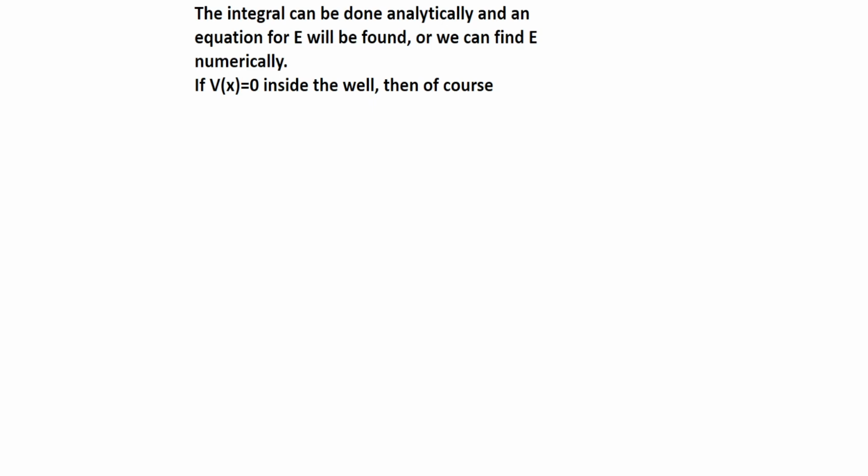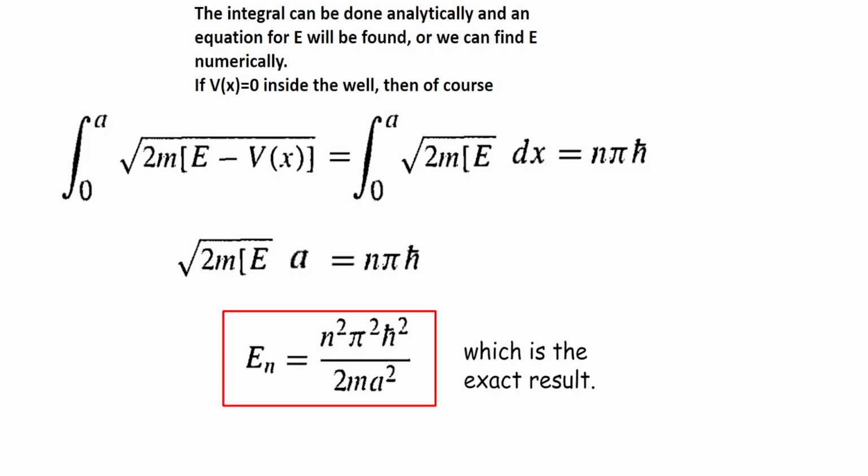If V equals 0 inside the wall, then p is constant, and integrating gives n pi h cross divided by root of 2mE. So this is our exact solution by using the WKB approximation method.